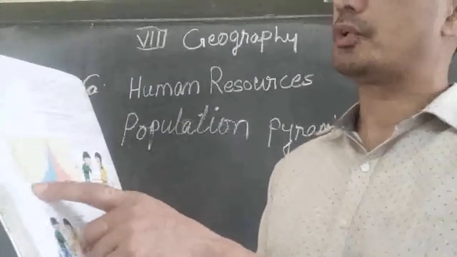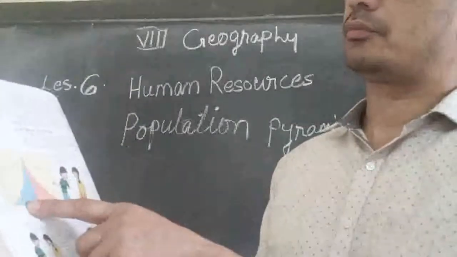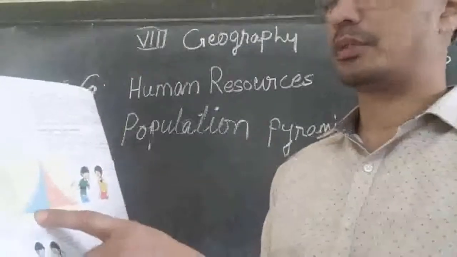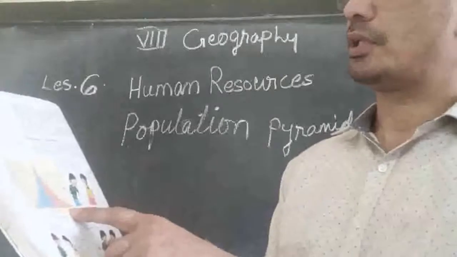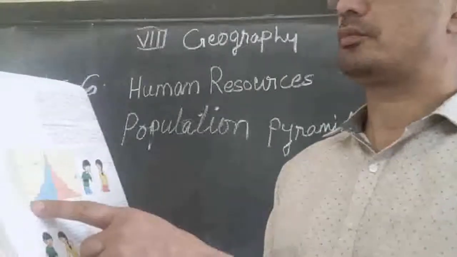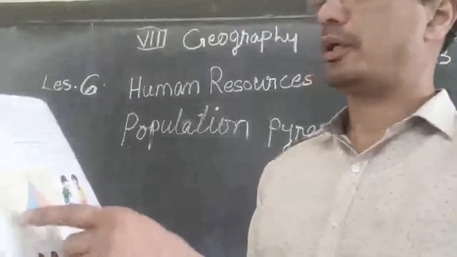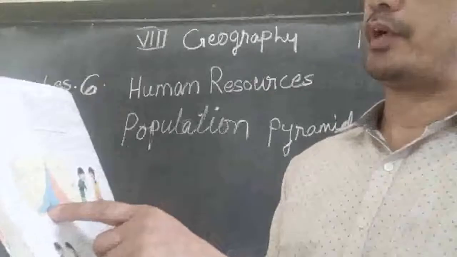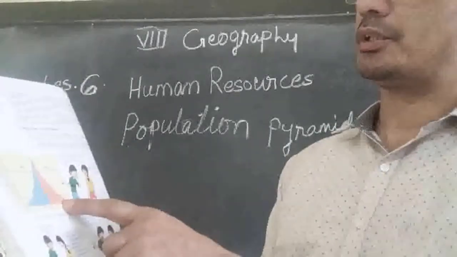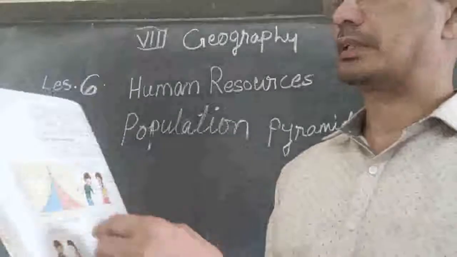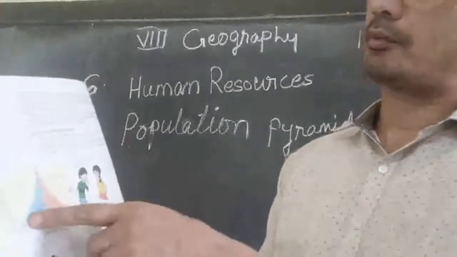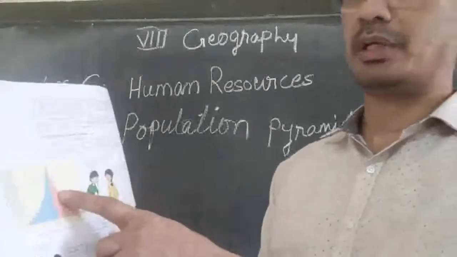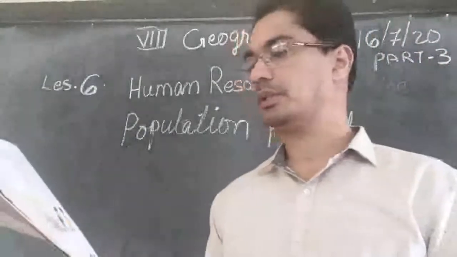Then the age group of 10 to 14: you can see boys are just 6 percent and the girls are also 6 percent, so somewhat the same. Then above that it is maybe 5.5, and here it is just 4.5. So again it is coming less and less. As we go higher and higher, we see the blue is more, and the females are a bit less.